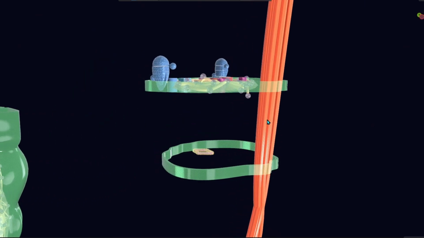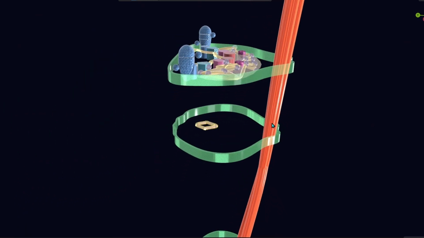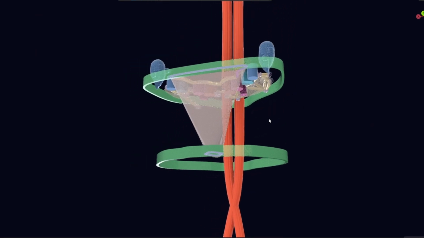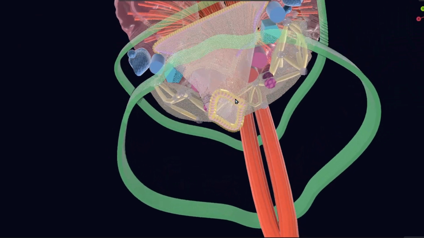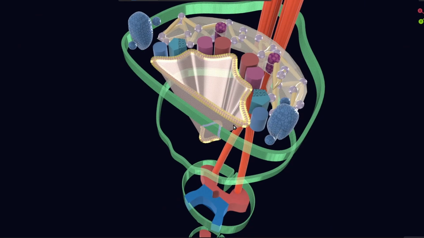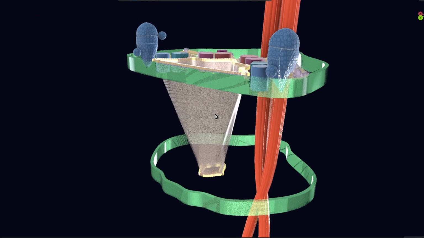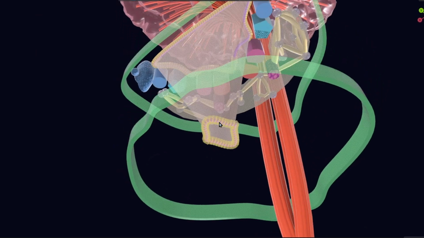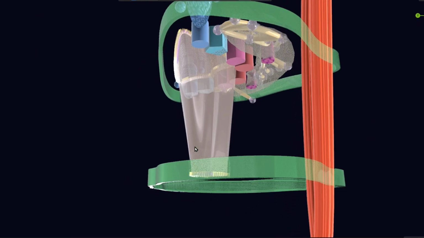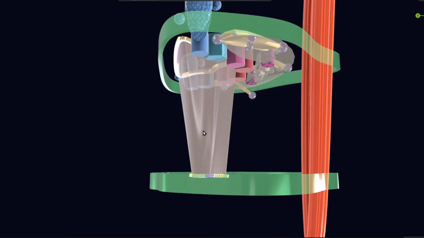Then here I have shown another inferior section, a caudal section of the medulla, and the interesting thing you can note here is that in the caudal section it is similar to the central canal. We do not have the widely open roof plate of the fourth ventricle in the lower section. It is similar to the central canal of your spinal cord. So the lower section of the medulla is the transitional zone between the spinal cord and brainstem.